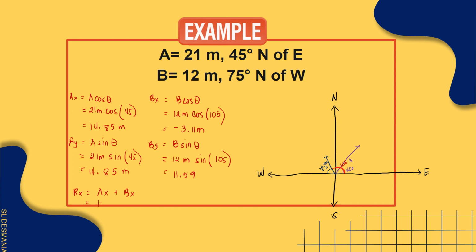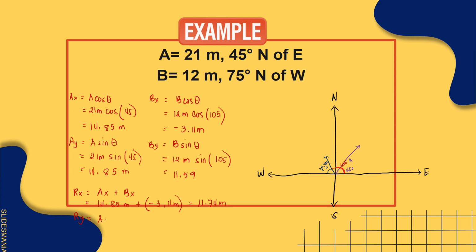Substitute 14.85 meters plus negative 3.11 meters. This is equal to 11.74 meters.